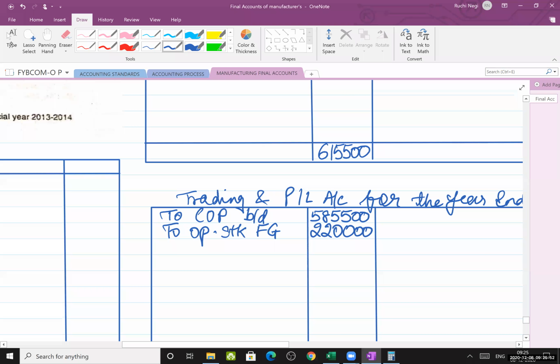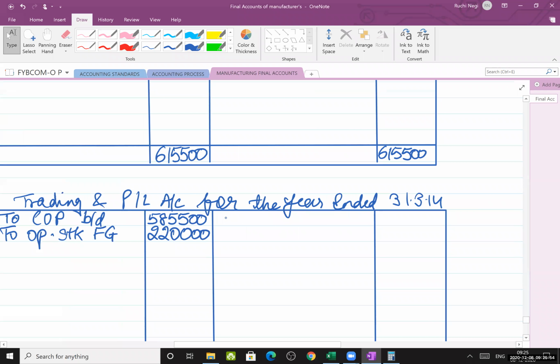Sales was there, by sales. And how much was sales? 7,80,000. And there was sales return also, to subtract, sales return 11,000. Take it in the outer column.